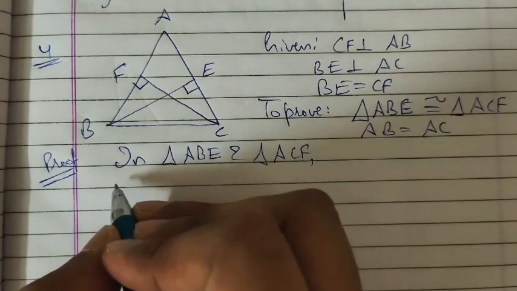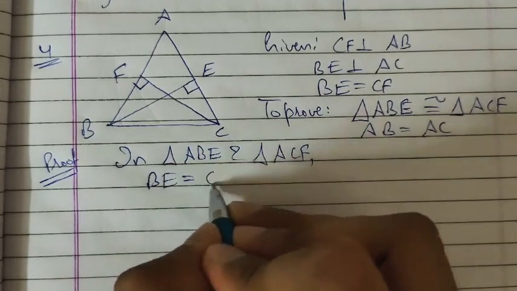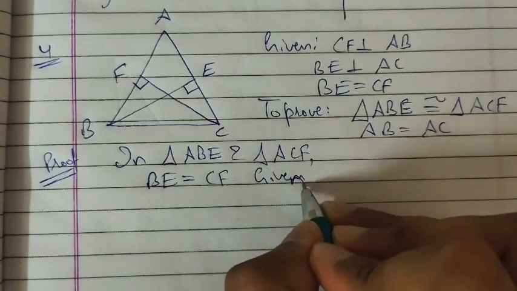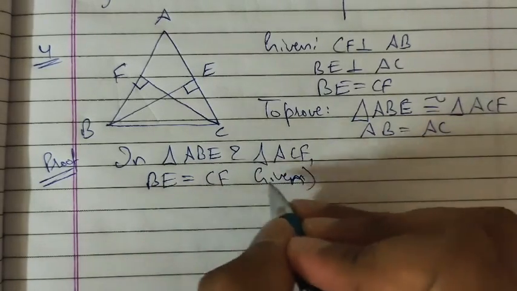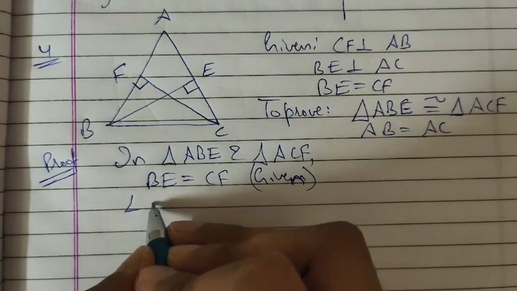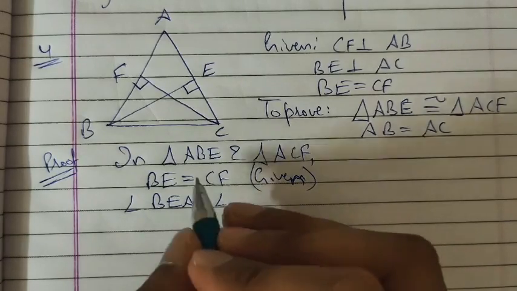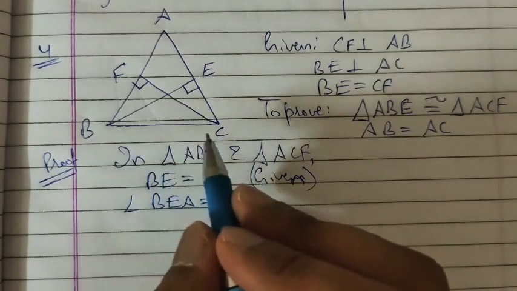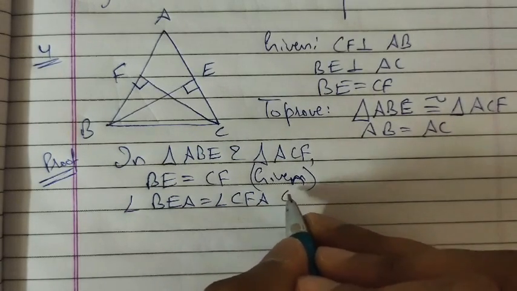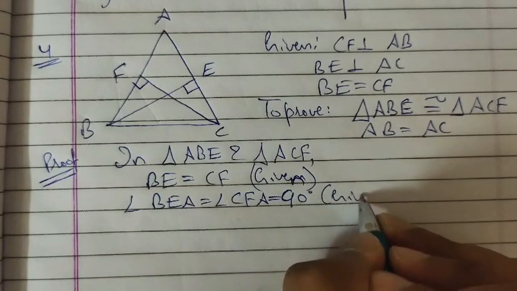What do we have? We know that BE is equal to CF, given. And angle BEA is equal to angle CFA is equal to 90 degrees. This is also given.